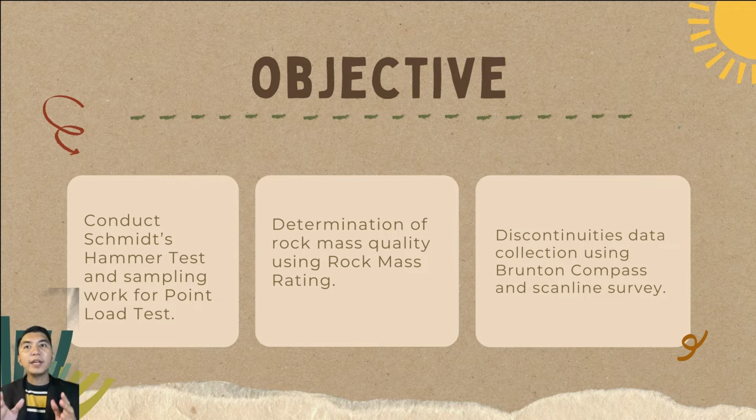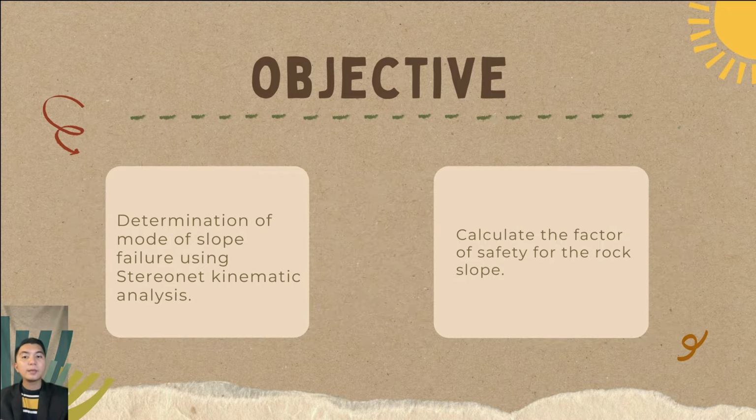Fifth, determine the rock mass quality using rock mass rating. Sixth, discontinuity data collection using Brunton compass and scanline survey. Seventh, determine the mode of slope failure using stereonet kinematic analysis. And eighth, calculate the factor of safety for the rock slope.